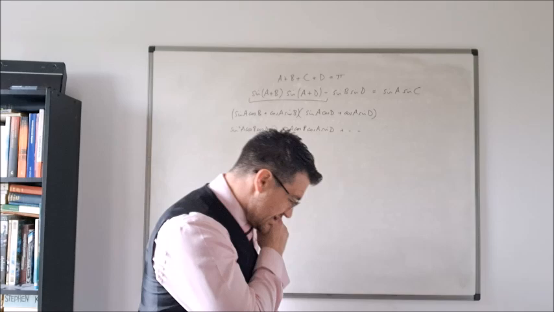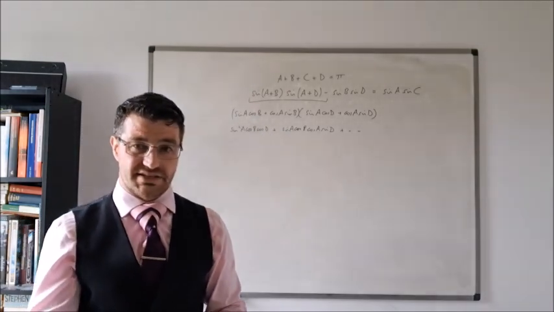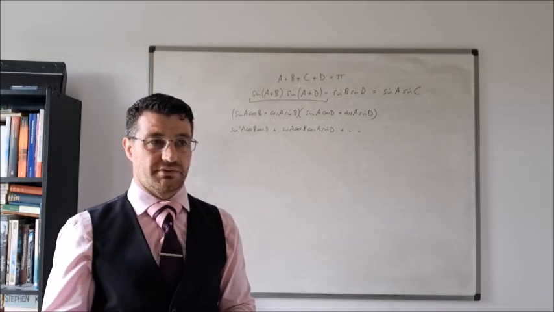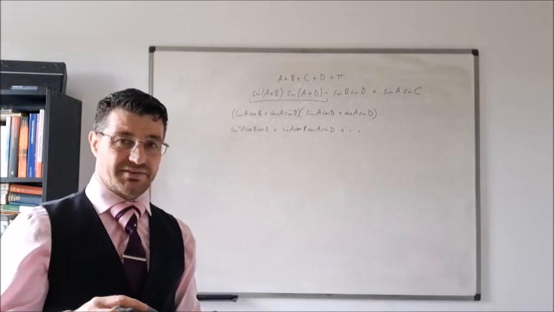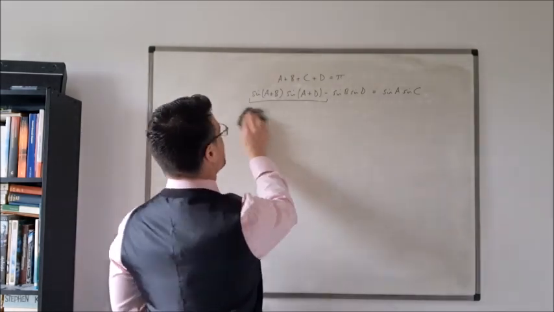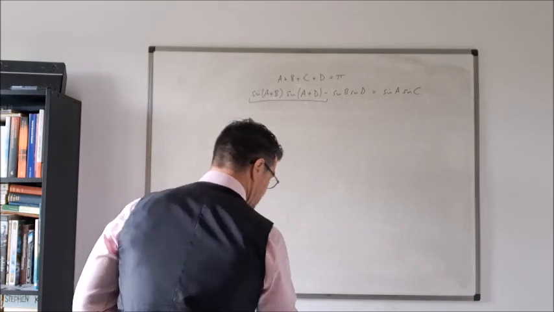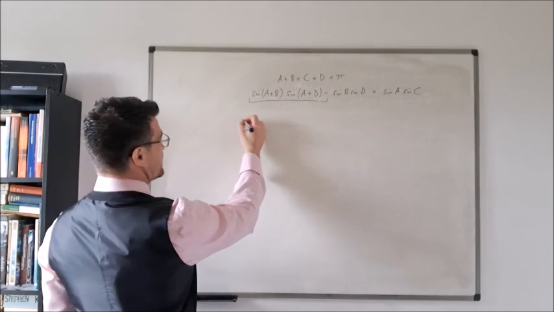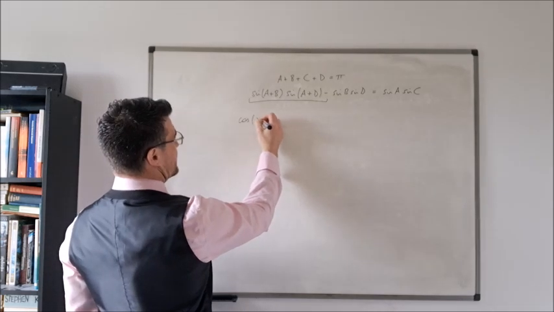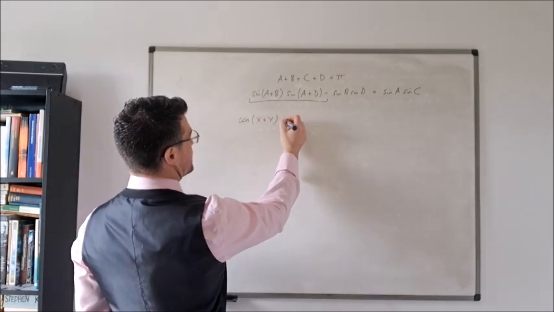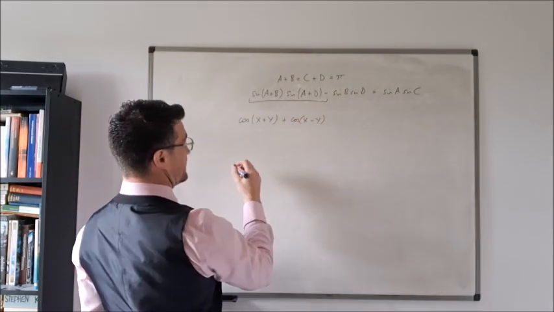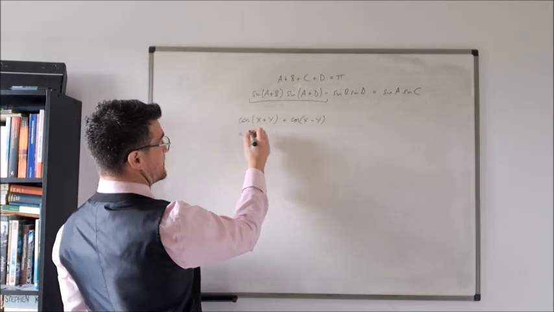But then there are some other trigonometric identities that are not used very often now in A-level maths, but they're really, really useful. Okay, so one of the identities, I'm going to have to try to remember it now, if we've got something like cos x plus y plus cos x minus y, for example, this is equal to, what do we get?